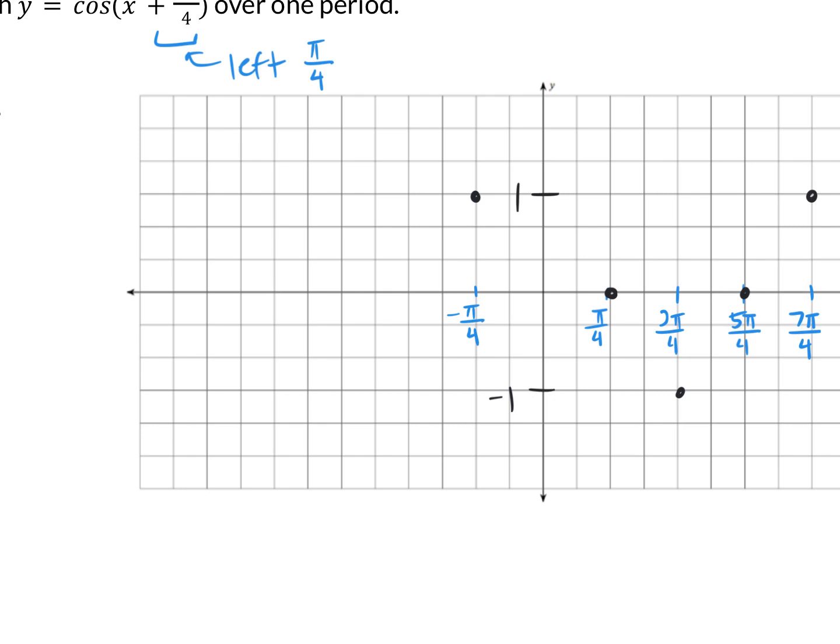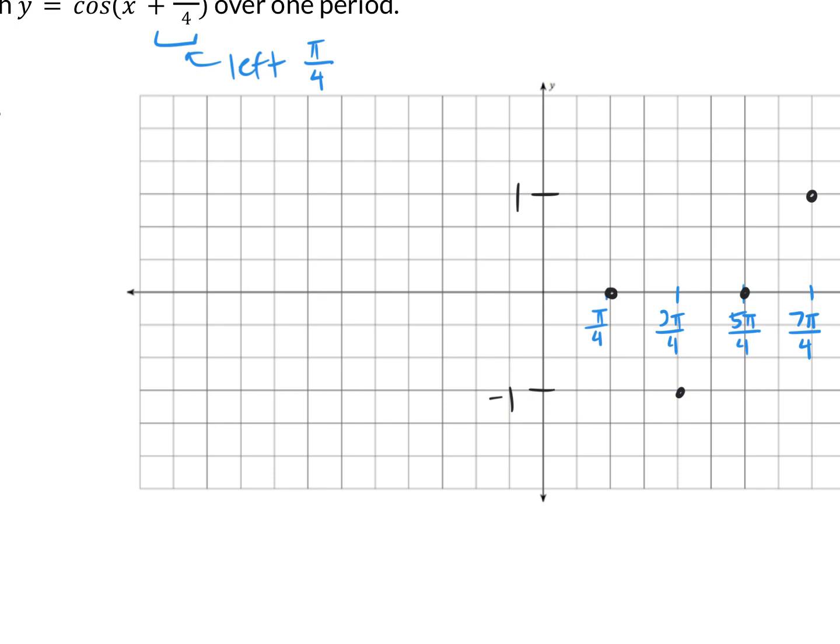Why does that look weird? Because your left one is too far left. You're right, it is too far left. I made this be pi over 4, but then everything else was pi over 2. Do you guys see what I did there? Yeah? So let's change this. Well, and this one technically.